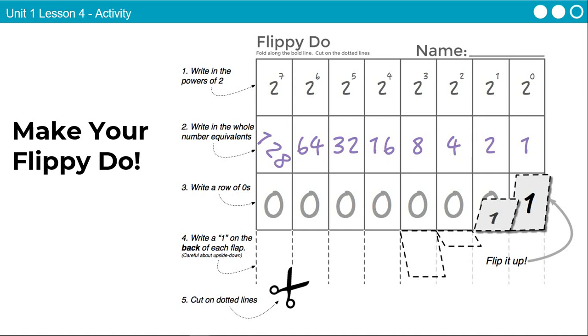So if you're looking at this slide right here, you'll notice that as we go through those places, what we're doing is taking the 2 and putting an exponent to it, to give you the value in decimal of what's happening in each of those places, right?